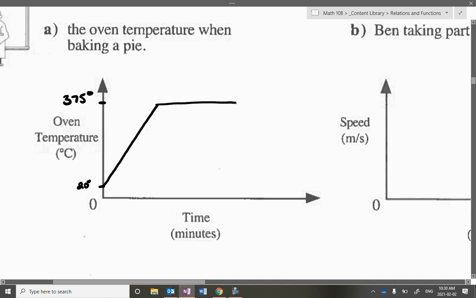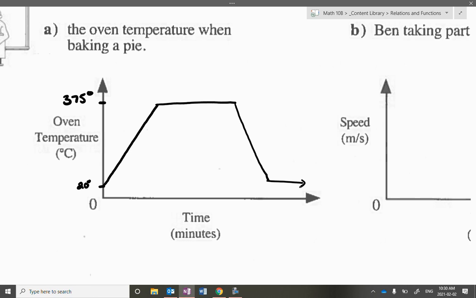And then you're going to turn your oven off and it's going to cool down again to about the 20 degrees. And then realistically after that, you could draw the line continuing forever because then it's just at your house temperature again. Question like this, if you didn't remember that there's like a house temperature and you started at 0 degrees, I'd probably give it to you because that's something I don't expect you guys to necessarily think of right away.